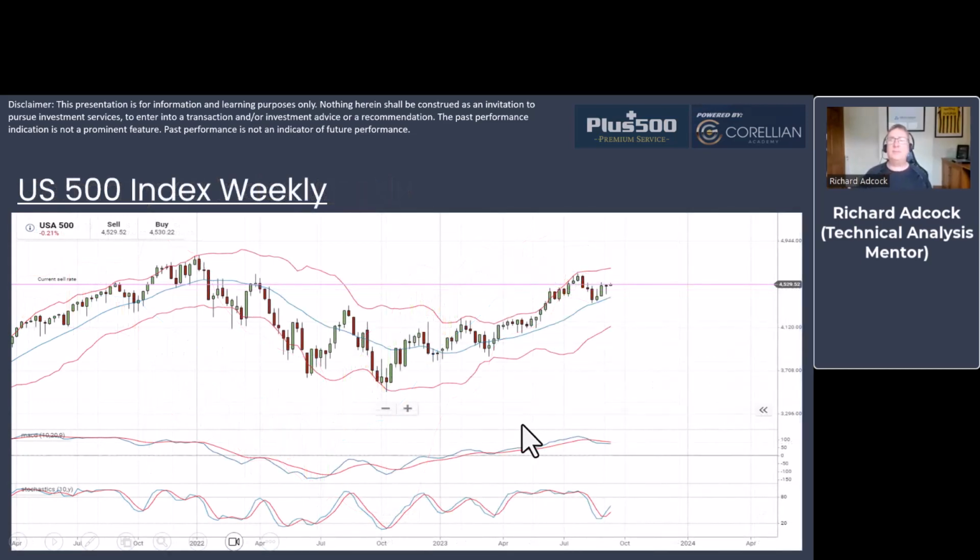Okay, so how does this fit within the other global indices? And I'm using the US 500 index as a bit of a proxy here to highlight global indices, or certainly the US indices at this time. And we can see that on a weekly basis, the picture is still more constructive than we've been looking at in the Germany 40 index.